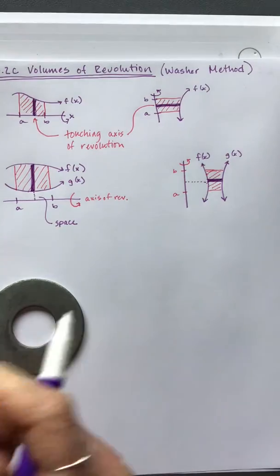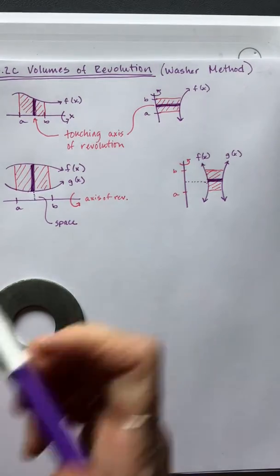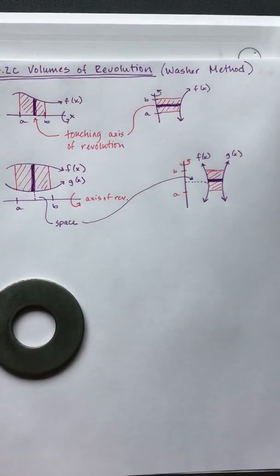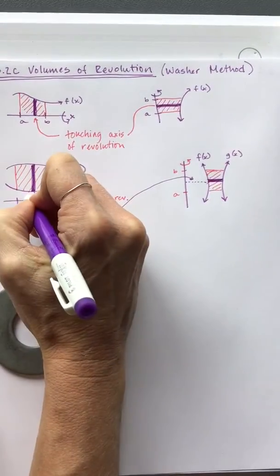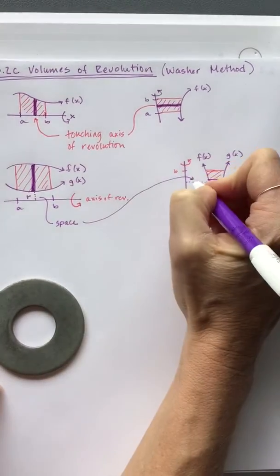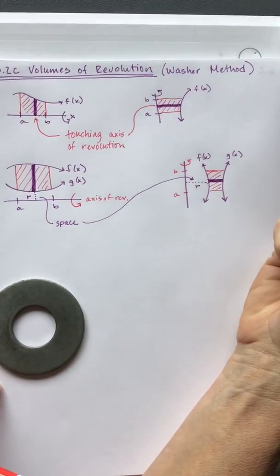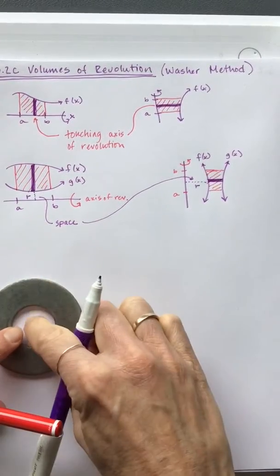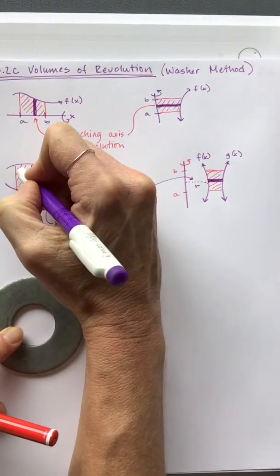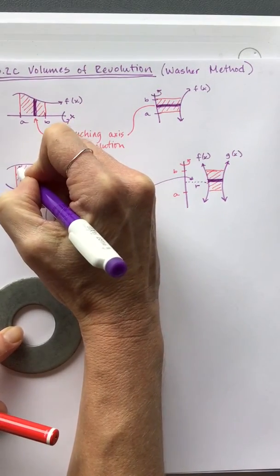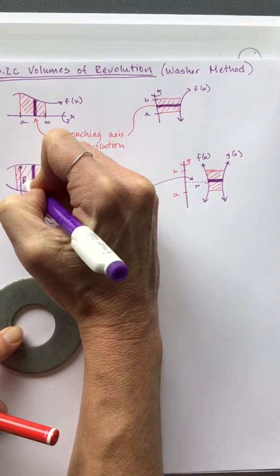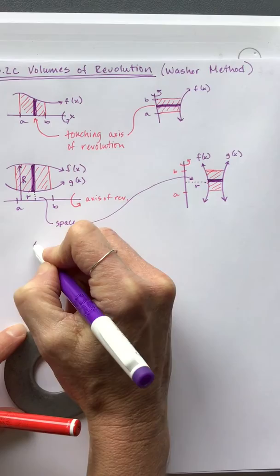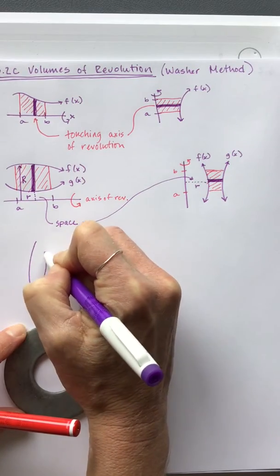That space is going to be one radius, so we call that little r, little radius. And then the distance out to the edge, out to the top of the washer, that's the big R. This distance here is big R. So if we show that slice, you've got this slice here.